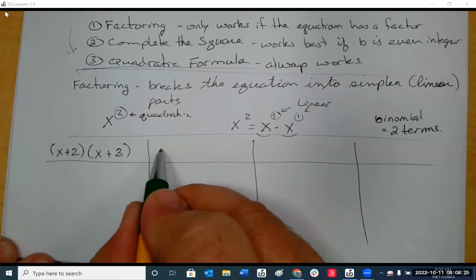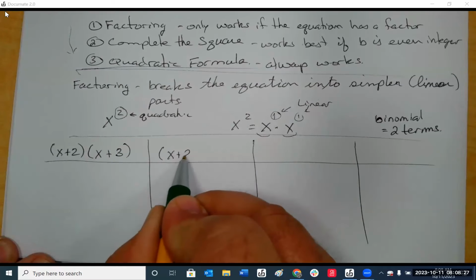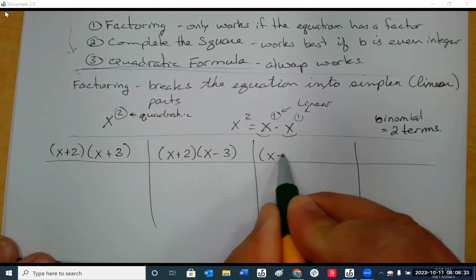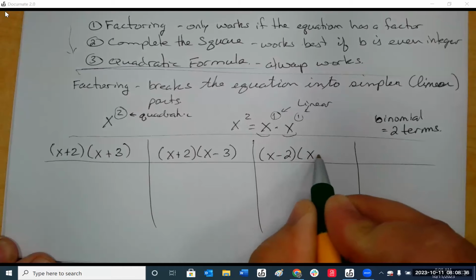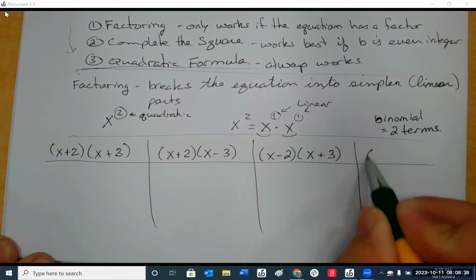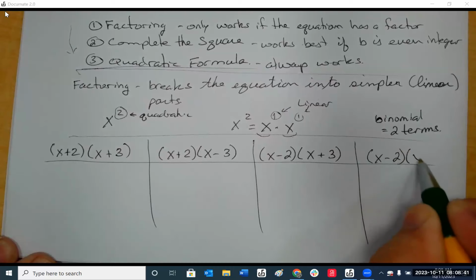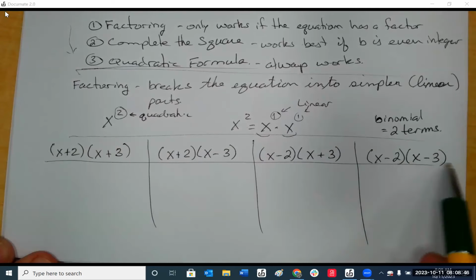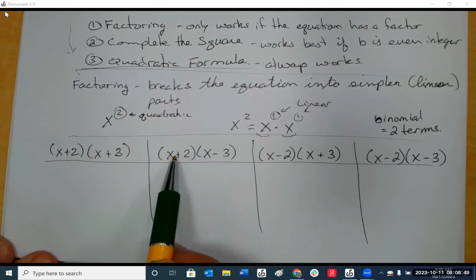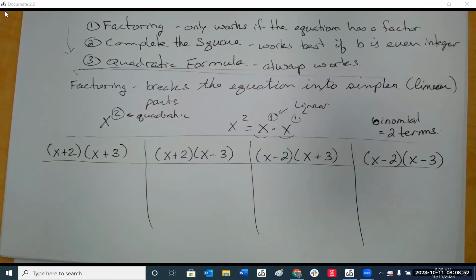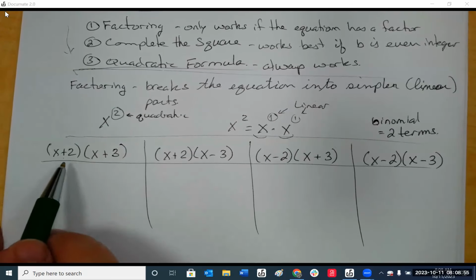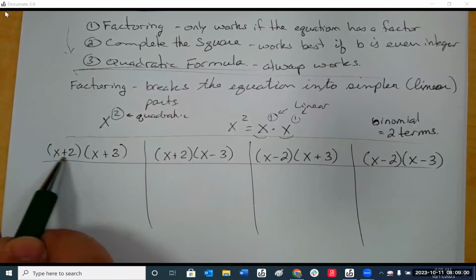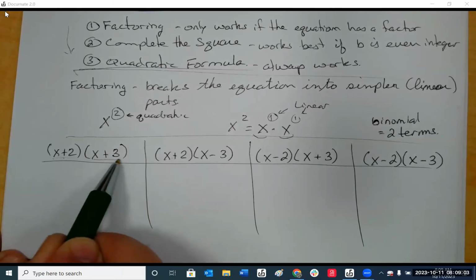I'm going to use the same numbers, but the only thing I'm going to change is the sign or signs between them. We have x plus 2, x and 2, x and 3: plus plus, plus minus, minus plus, minus minus. So only 4 possibilities we have here. If we multiply these together, everything in the first parenthesis has to multiply to everything in the second.